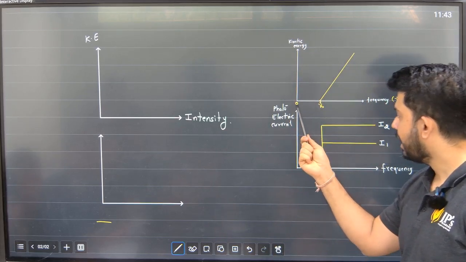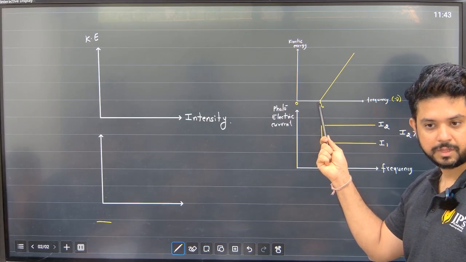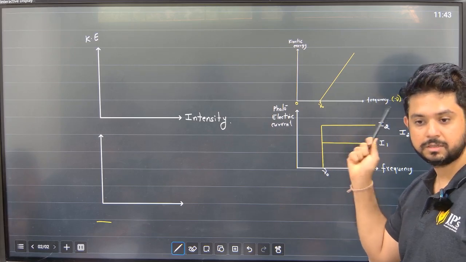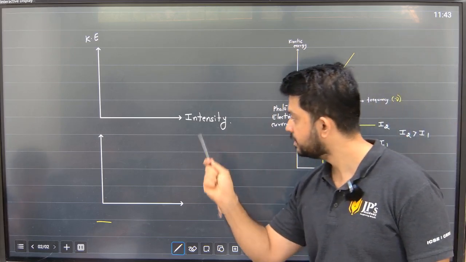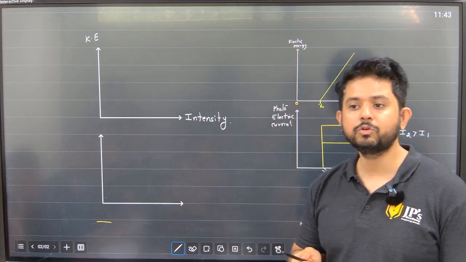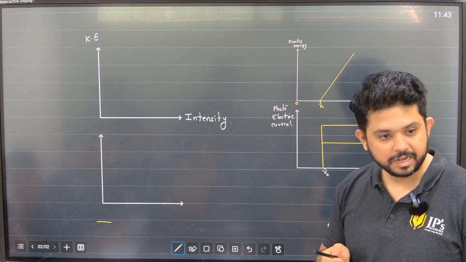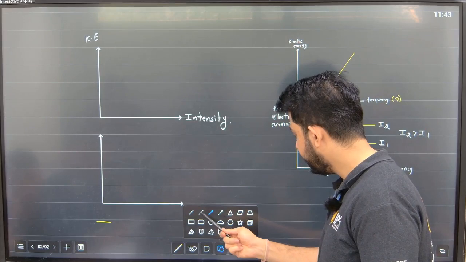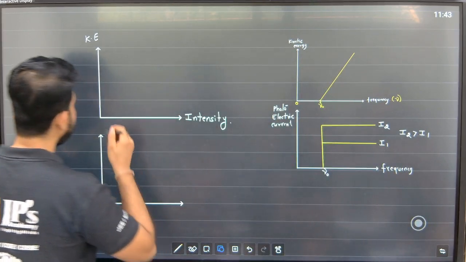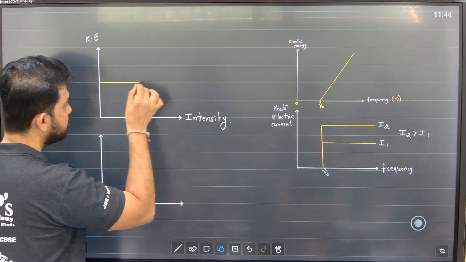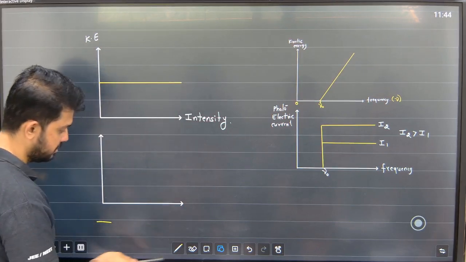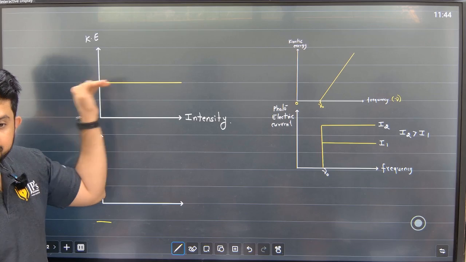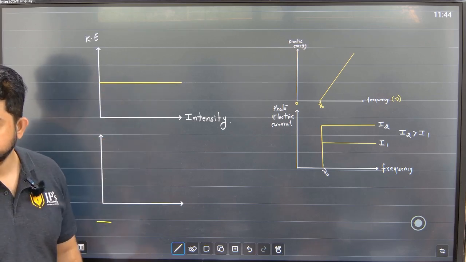Say, I go from 0 to nu naught, but now at nu naught, instead of increasing frequency, I am increasing intensity. What will happen to kinetic energy? Will kinetic energy increase? Kinetic energy is independent of intensity. So even if I increase the intensity, kinetic energy remains constant.